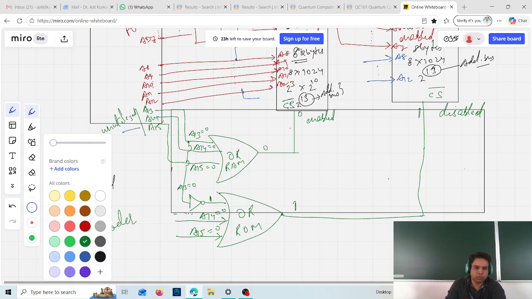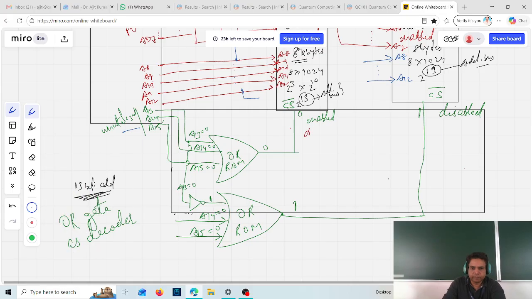Suppose that you want to disable this one, and you want to enable this. If you want to enable this, then a 0 should be at the output of the OR gate. Now, A15 should be 0, A14 should be 0, and this input should also be 0.